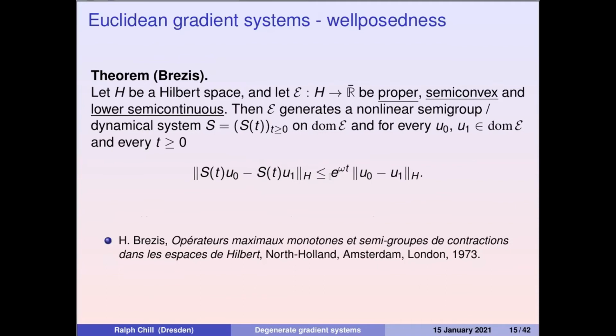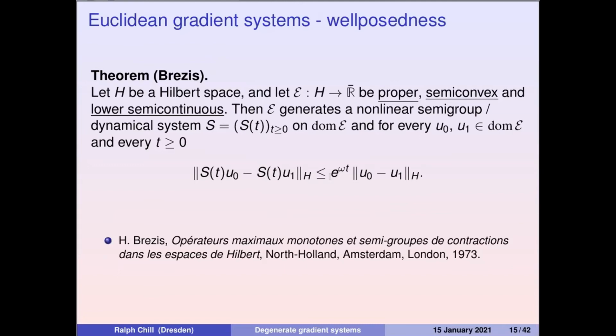The theorem by Brezis also implies this well-posedness, that we have a nonlinear semigroup on the effective domain. And this nonlinear semigroup is Lipschitz continuous. And the orbits of the semigroup, or dynamical system, are actually the solutions of the abstract gradient system.